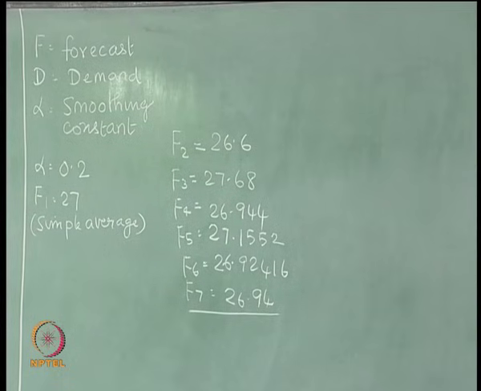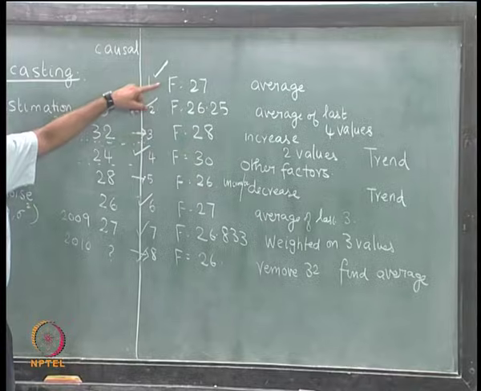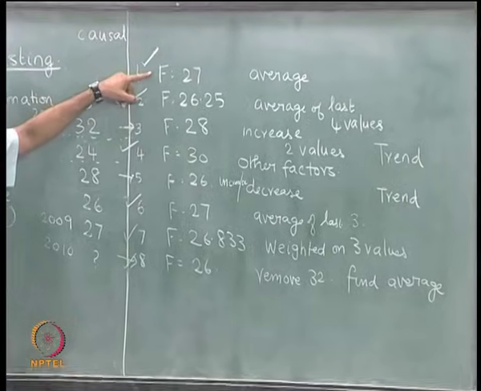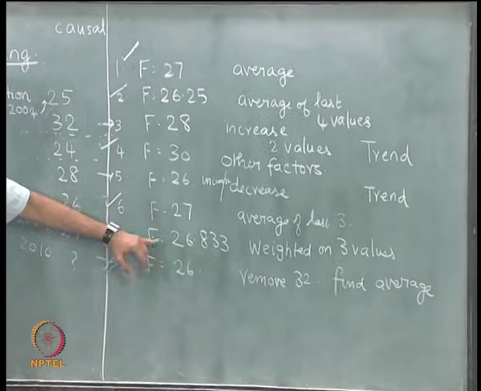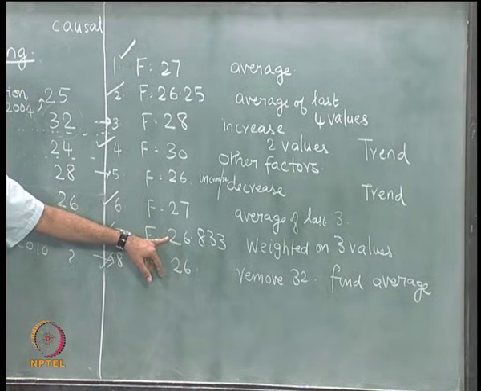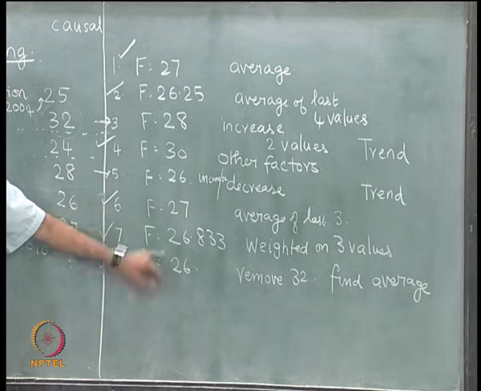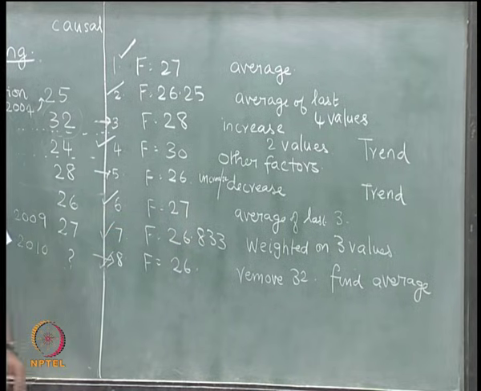Now this 26.94, if we start comparing with these, is very close to the simple average of 27, and it is slightly far away from a weighted average of 26.833 if we consider a weighted moving average on the last 3 values.